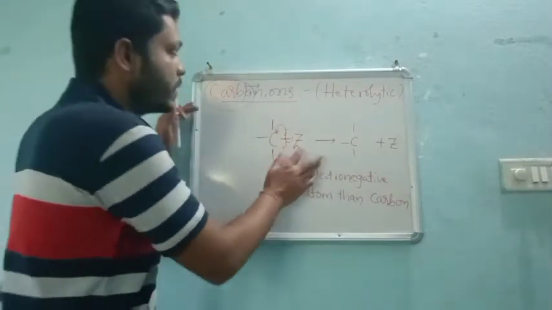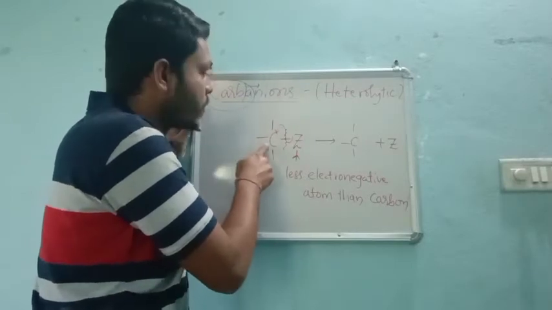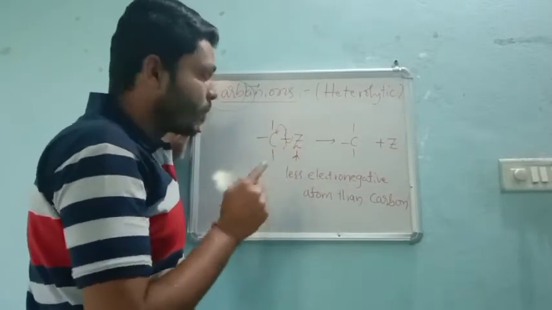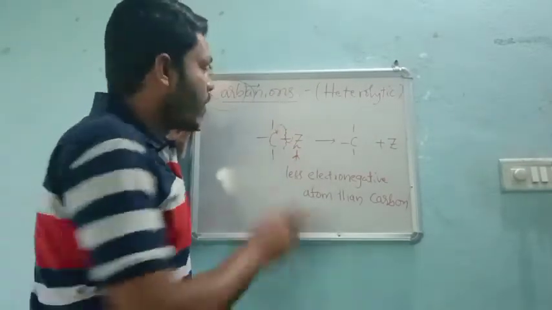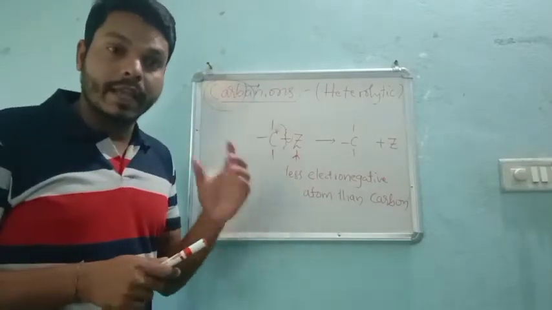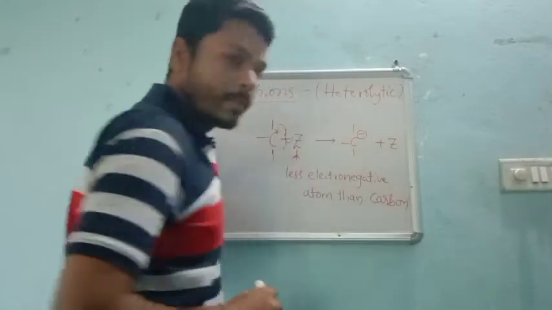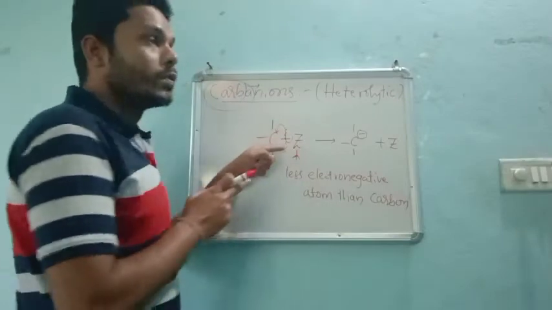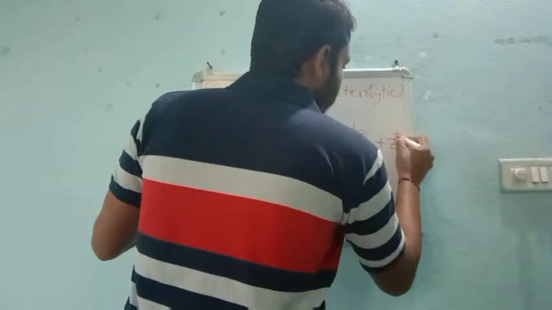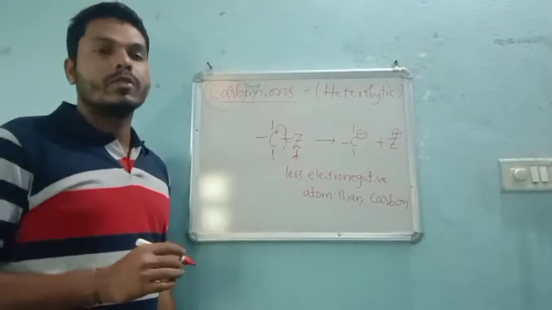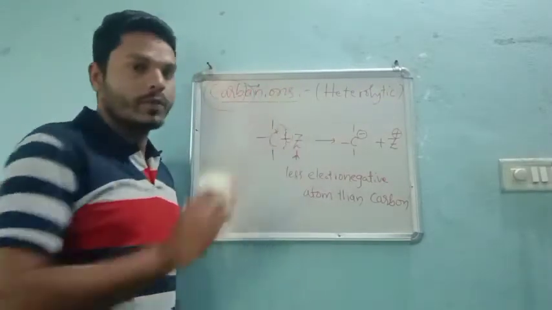So whenever the bond breaks in such a way that these two bonded pair of electrons remain on the carbon, the gainer will be the carbon, thus the negative charge will come, and the complete loser, that means Z, will undergo the loss. So that's why onto the Z there will be a positive charge, right? So like how the carbanion can be produced, right?